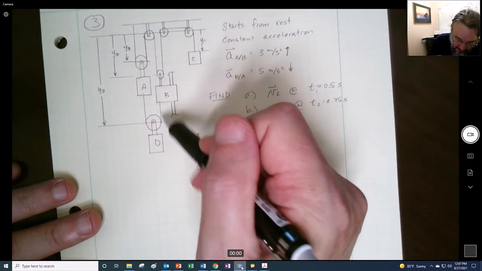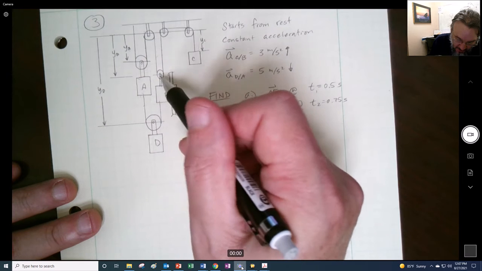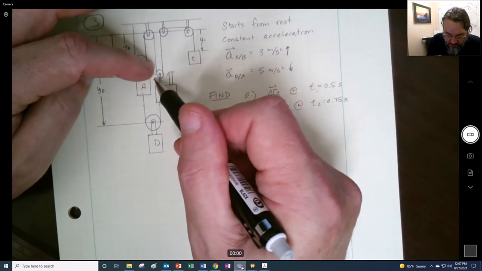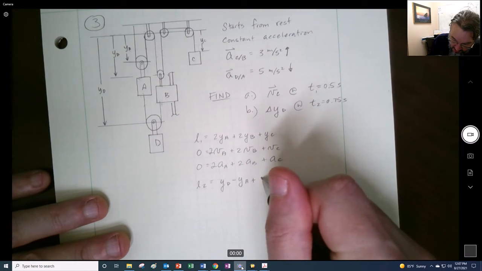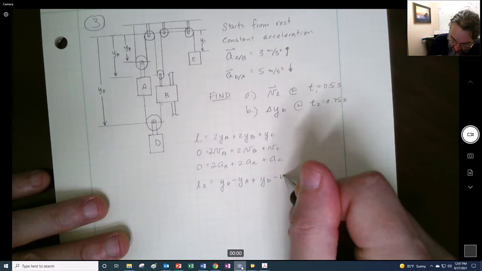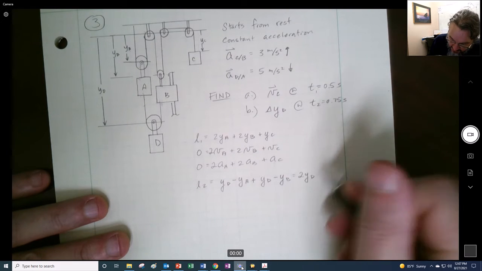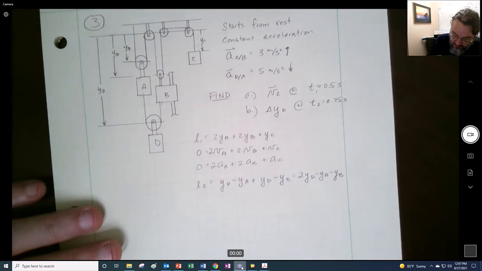Now we're going to go with this guy right here. It's going to be YD minus YB. Yes, there's stuff in there, but it's all constant. So that's plus YD minus YB, or 2YD minus YA minus YB.